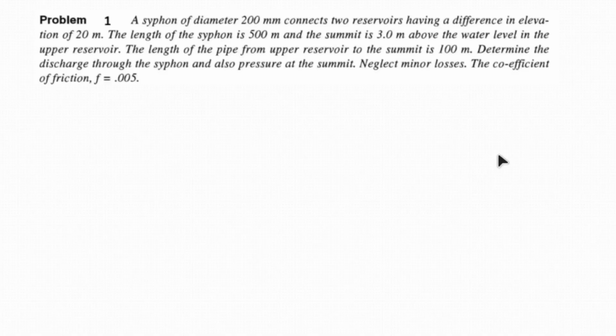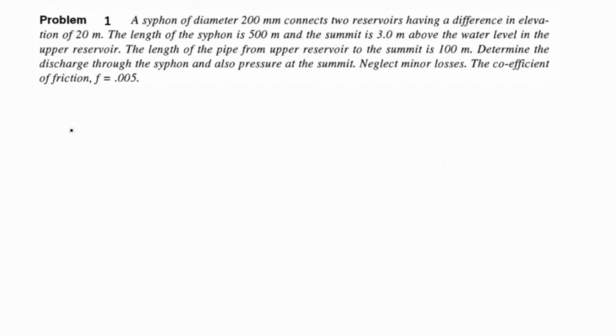The length of the siphon is 500 meters and the summit is 3.0 meter above the water level in the upper reservoir. The length of the pipe from upper reservoir to the summit is 100 meters. Determine the discharge through the siphon. Also the pressure at the summit. Neglect minor losses. The coefficient of friction is given, small f is equal to 0.005.